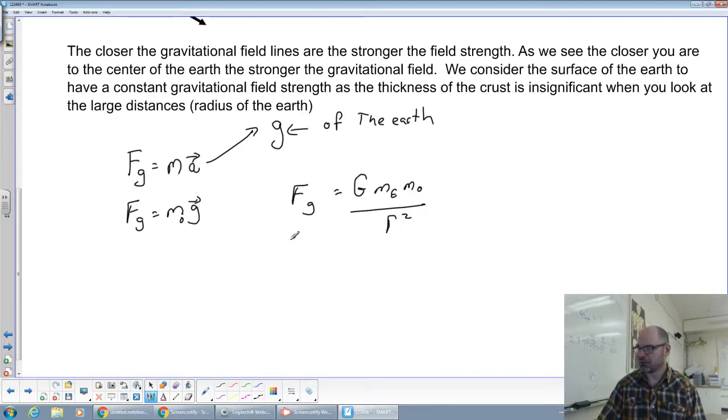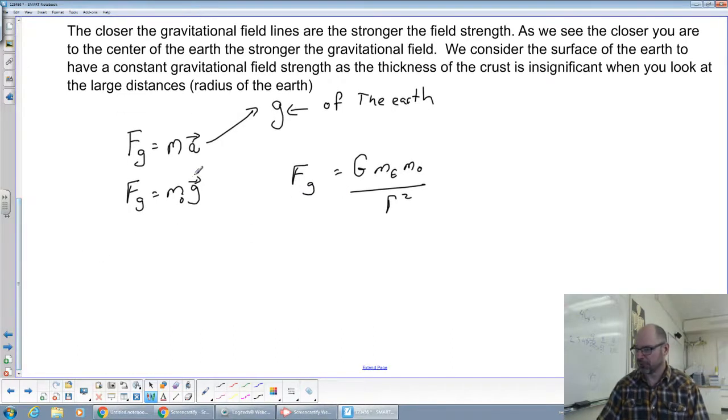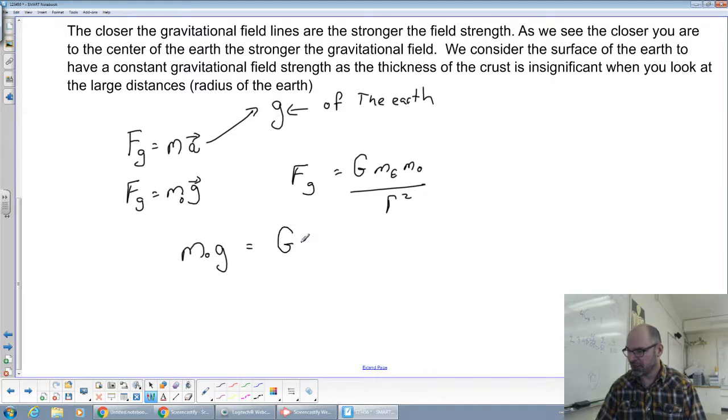So if we equal these two out, we can get the gravitational field strength formula. So we're going to take these two and equal it to this. Mass of the object times the gravitational field strength equals universal gravitational constant times the mass of the Earth times the mass of the object divided by r squared.